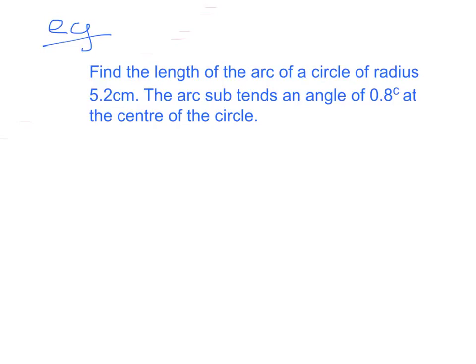Now 2 pi we know has a value of 6 point something. Pi we said was 180 degrees, so that's 3.14, and so on. So actually, if I'm giving a little bit of context, I'm going to say that 0.8 radians is less than a quarter of a circle.